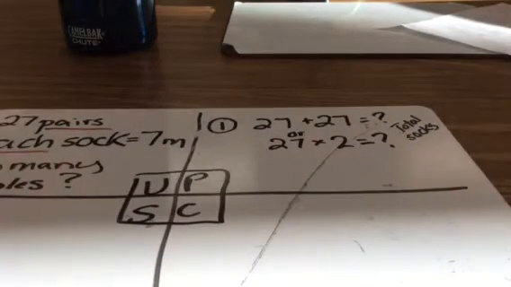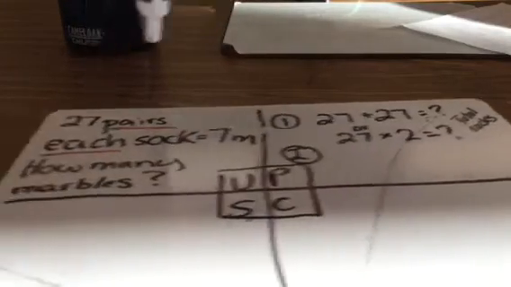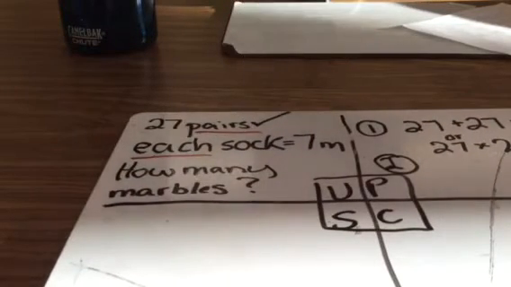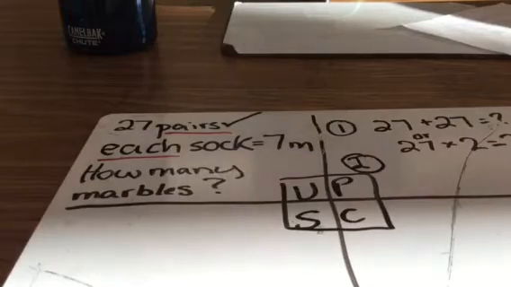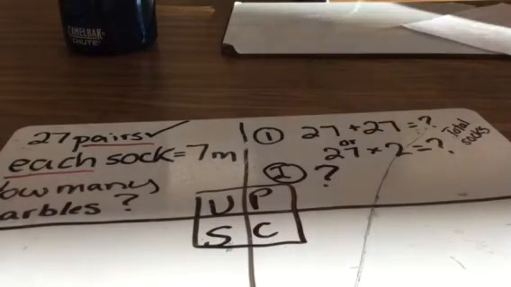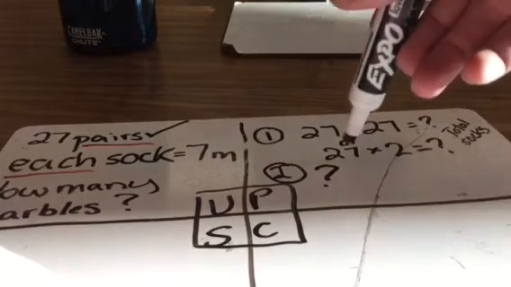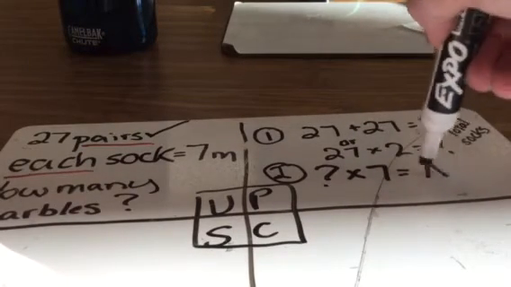Okay, next I'm working with the marbles. So I took care of the 27 pairs. Next I have to deal with each sock having 7. So I need to take how many socks, and I see the word each, so I know it's either multiplication or division, and the question's asking me for a total, so it's multiplication, times 7 equals our answer.